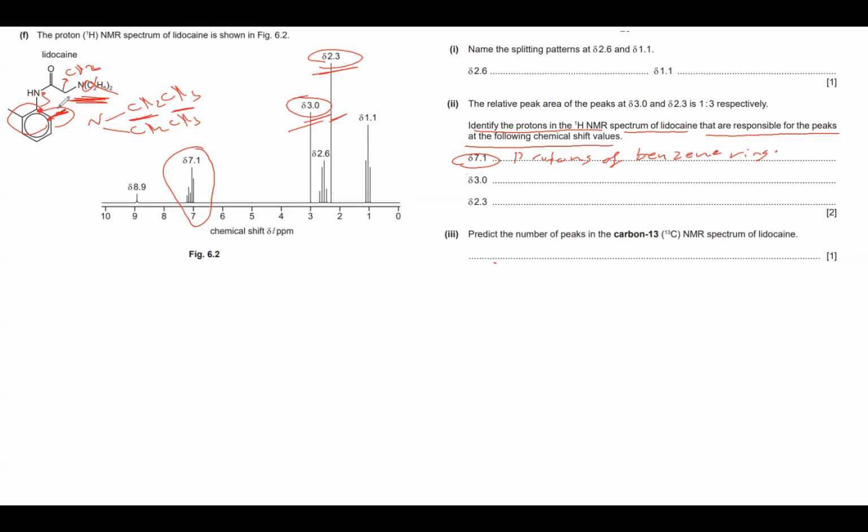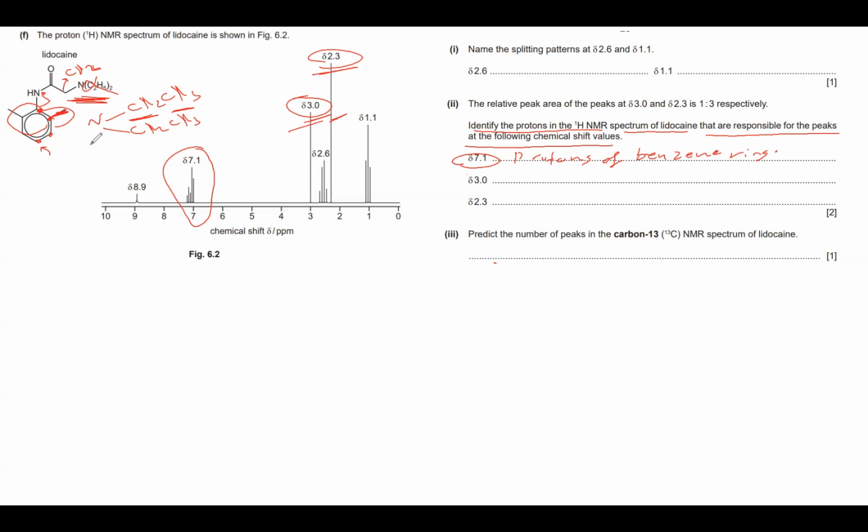Both of them have the same space from it. Both of them are connected to a carbon that is connected to another carbon here. So both of them are in the same chemical environment, and both of them will give a singlet because they don't have a neighbor carbon with H. So both of them are giving a singlet.